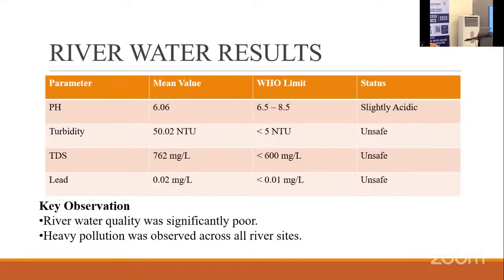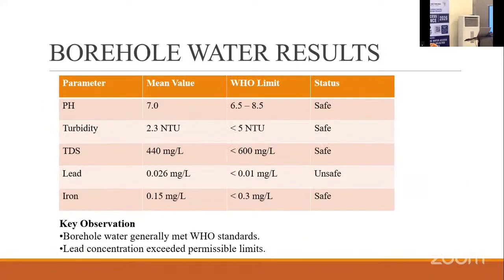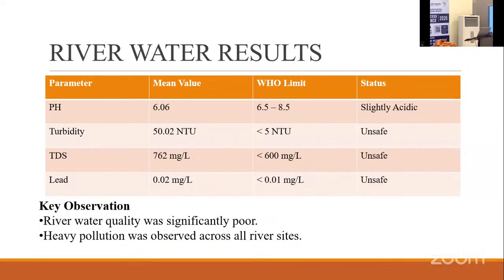Then the iron, the mean iron was 0.15 milligram per liter, while the WHO standard is less than 0.3 milligram per liter. Hence, it is still safe. The key observation is that the borehole water generally met the WHO standards. It is only the lead concentration that exceeded the permissible limit.